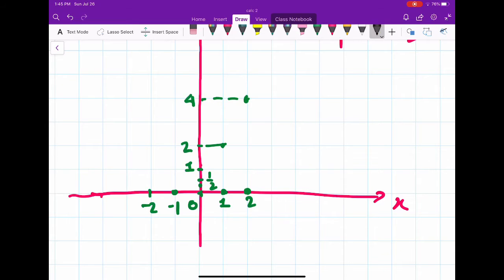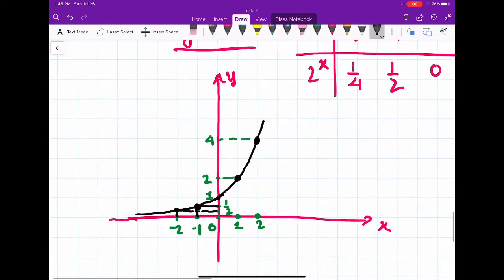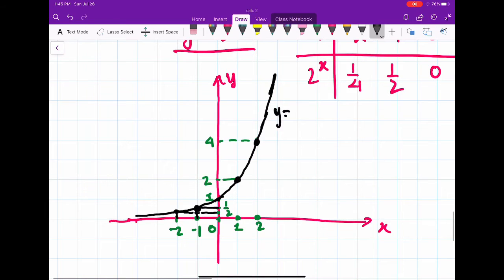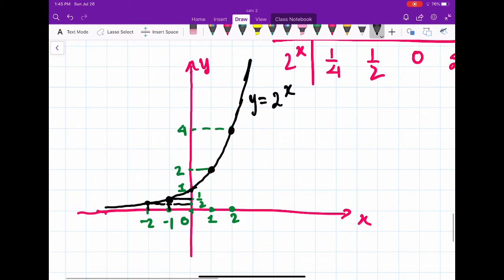So I will have the following points: this point, this point, this point, this point. Now I connect them, and I'll have a graph. Don't forget we have a point right here. You see, this is the graph of the function y equal to 2 to the x, and from here I can make the graph of the function y equal to 2 to negative x.